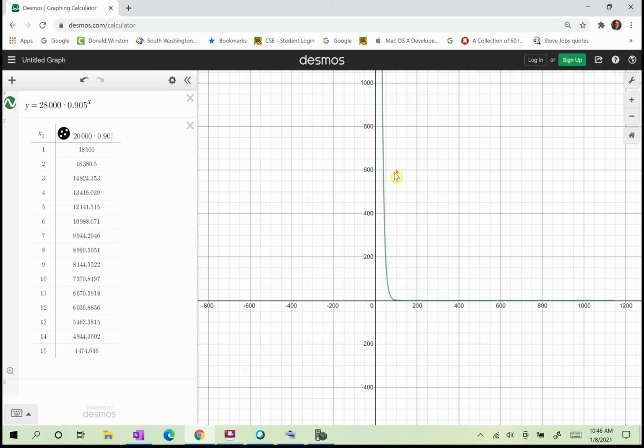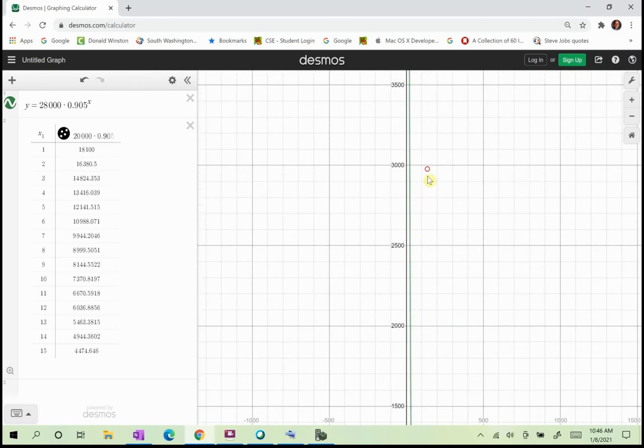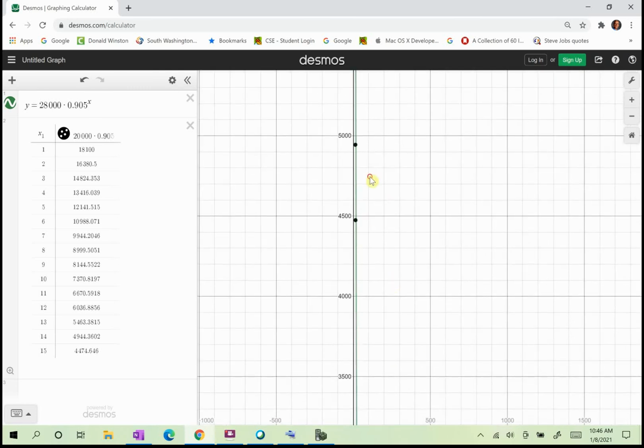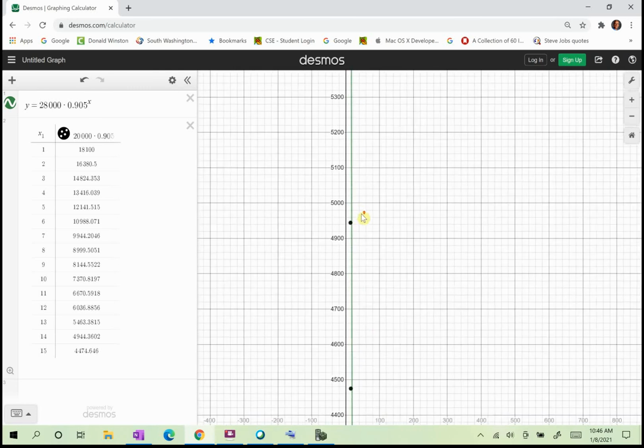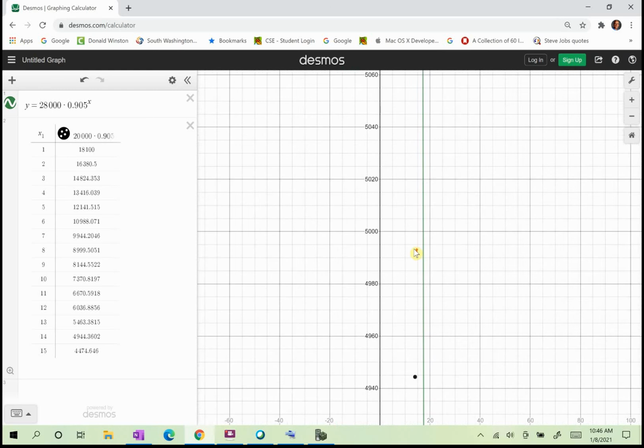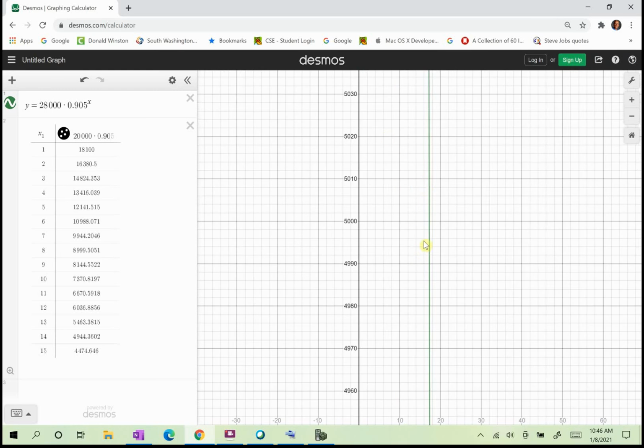But we want to go to where it's 5,000. I don't like using the graph, more like using the table. So if I click here at about 5,000, it's about 7.262.